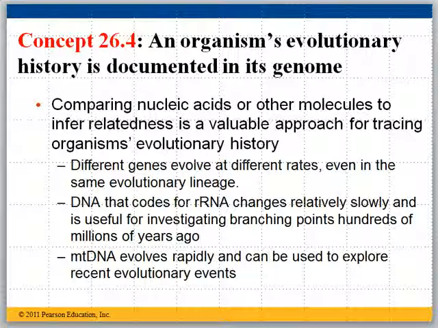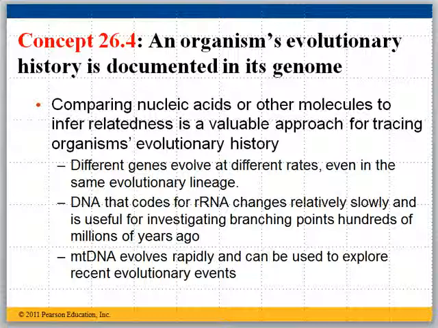Comparing nucleic acids or other molecules to infer relatedness is a valuable approach for tracing organisms' evolutionary history. And we have found that different genes evolve at different rates, even in the same evolutionary lineage. For example, DNA that codes for rRNA changes relatively slowly and is useful for investigating branching points hundreds of millions of years ago.